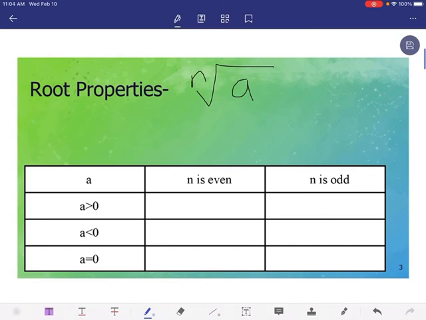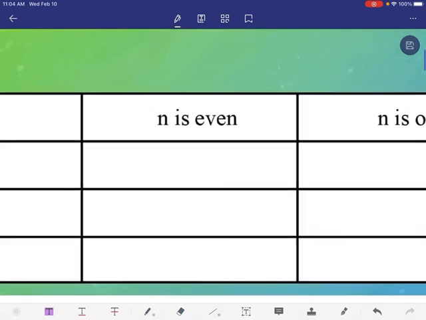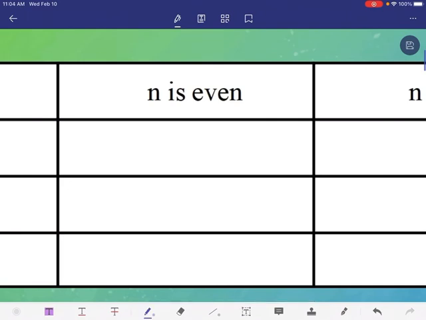And then obviously I have a third root, a fifth root, a seventh root, all of my odd numbers. So if my radicand, or in this case a, is positive and I have an even root, I will have 1 real root. And it's going to be positive.